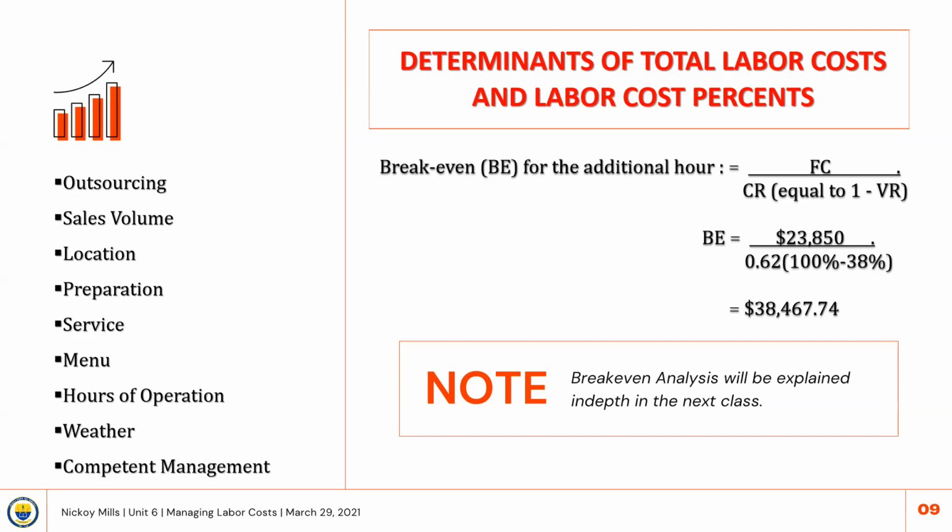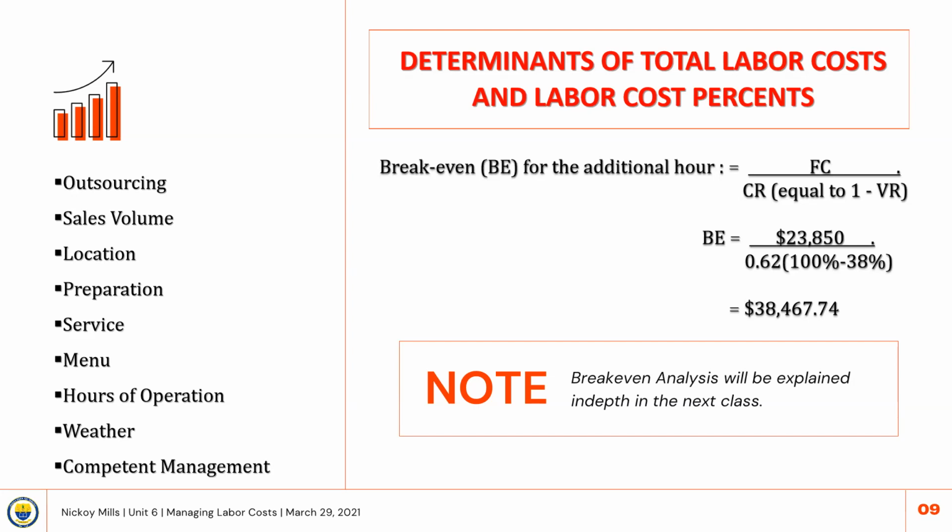So we see how food prep contributes to your labor costs, because if you prepare everything on the premises, it simply means that you'll have to hire more staff. And if you don't prepare anything on the premises, it simply means that you would hire less staff, and therefore your labor cost is either increased or decreased depending on where you fall in that spectrum.